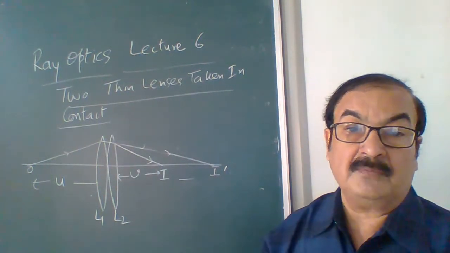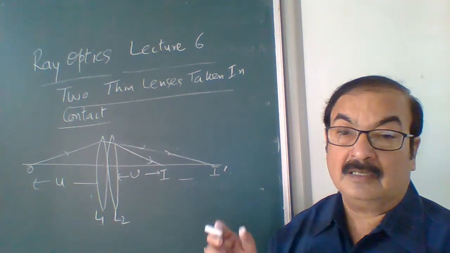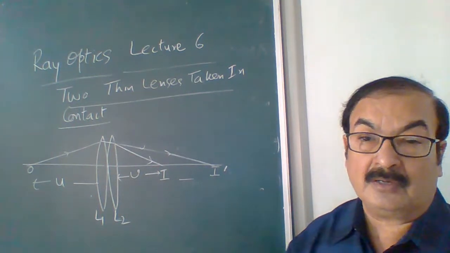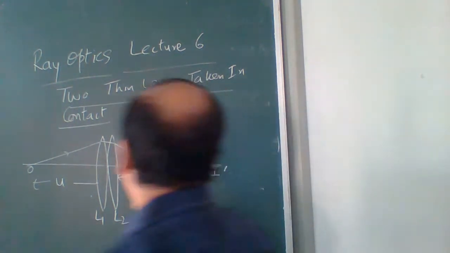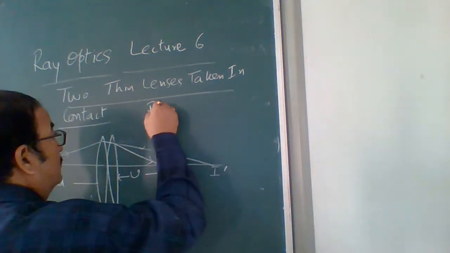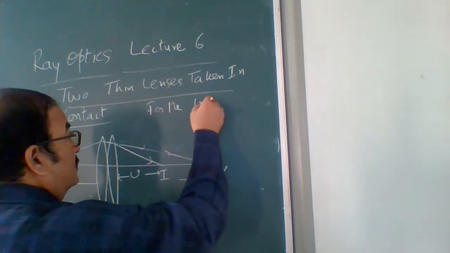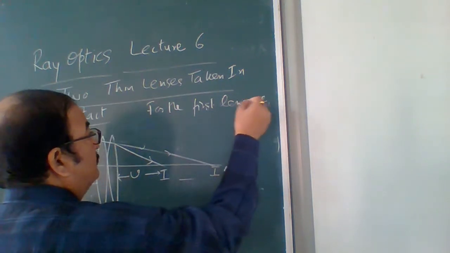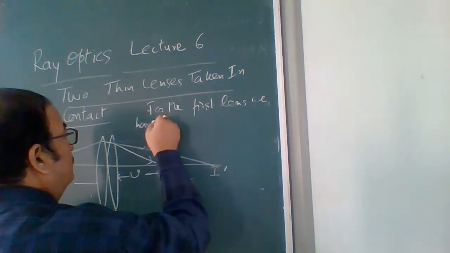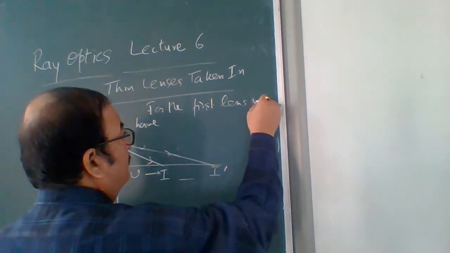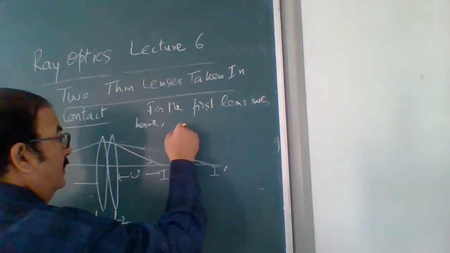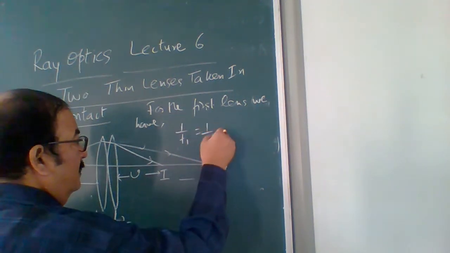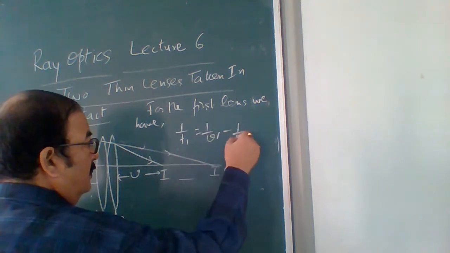So first of all, we have to discuss the general lens formula for the first lens. For the first lens, we have 1 upon f1 equal to 1 upon v dash minus 1 upon u.